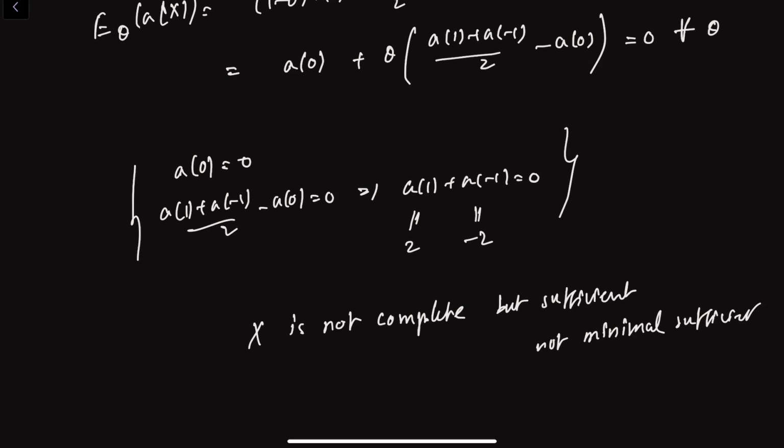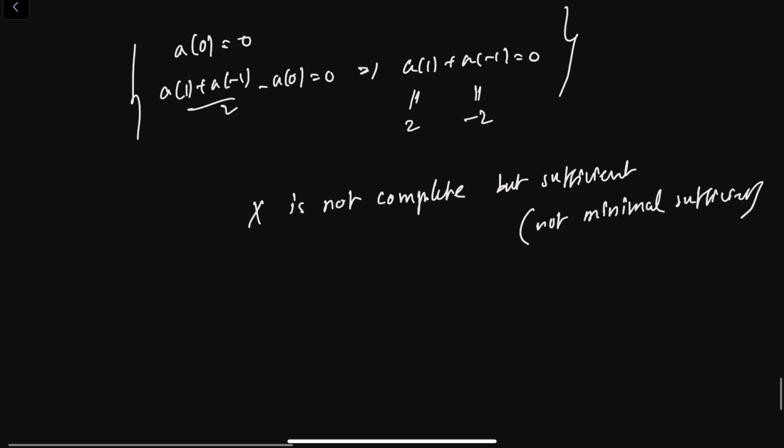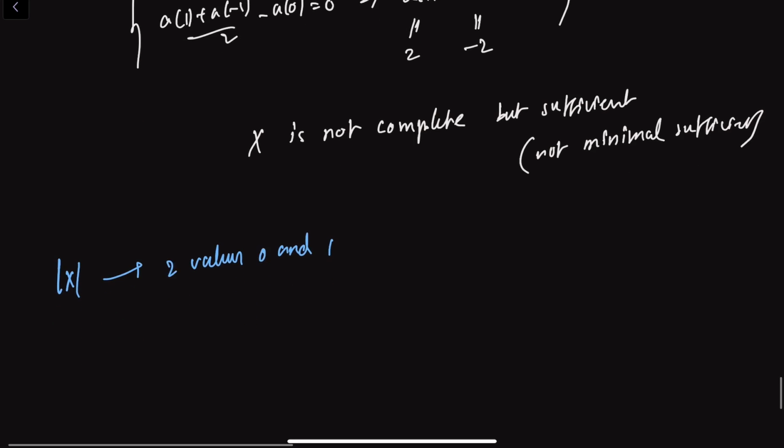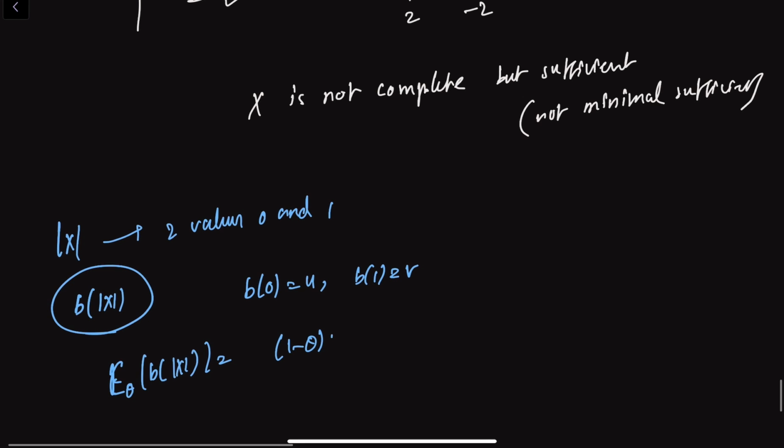Now if we take mod x, it takes only two values, which are 0 and 1. If I consider b of mod x as a function, where b of 0 is u and b of 1 is v, then the expectation of b of mod x is (1 minus theta) into u plus theta into v, which is u plus theta into (v minus u).